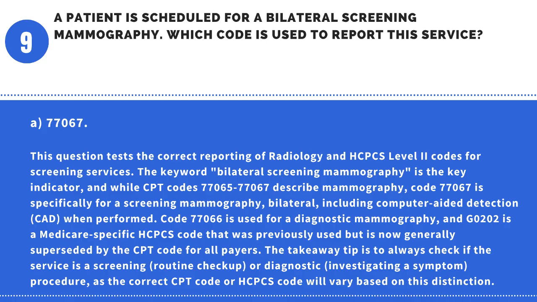Code 77066 is used for a diagnostic mammography, and G0202 is a Medicare-specific HCPCS code that was previously used but is now generally superseded by the CPT code for all payers. The takeaway tip is to always check if the service is a screening, routine checkup, or diagnostic, investigating a symptom, procedure, as the correct CPT code or HCPCS code will vary based on this distinction.